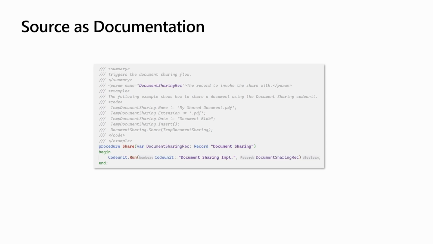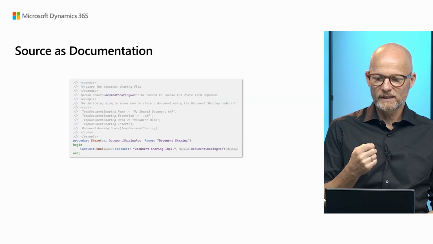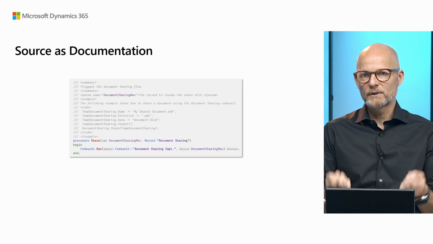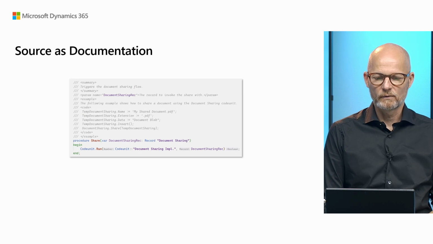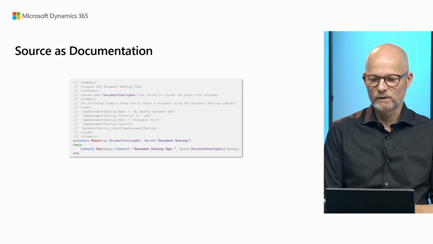It's source as documentation. A couple of years ago, we added XML documentation comments to the AL language. And the biggest uptake of this for our own code is in the system application, where this piece of documentation is from.